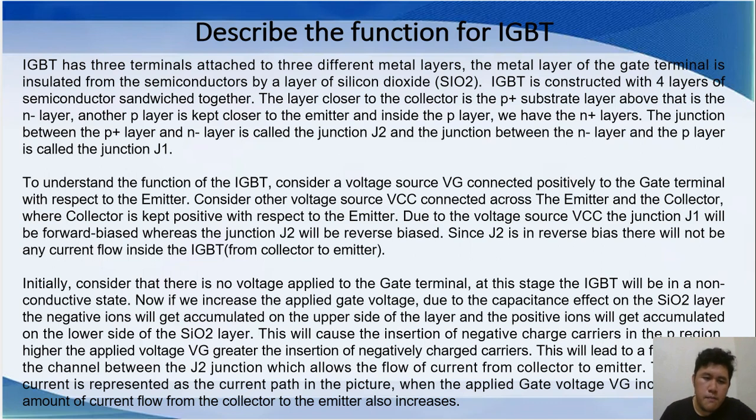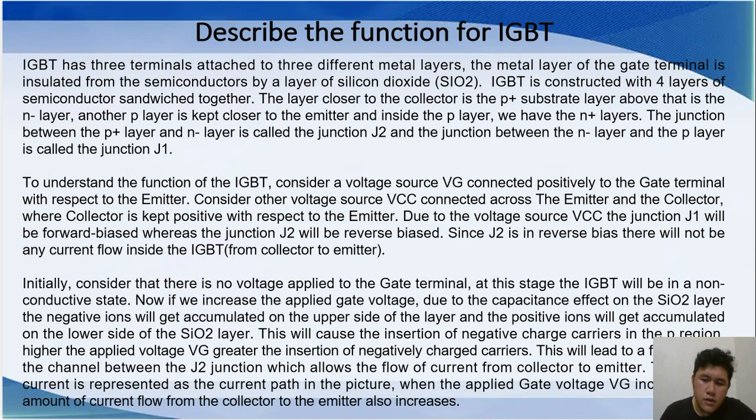The junction between the P plus layer and N negative layer is called the junction J2, and the junction between the N negative layer and the P layer is called the junction J1. To understand the function of the IGBT, consider a voltage source Vg connected positively to the gate terminal with respect to the emitter. Consider another voltage source VCC connected across the emitter and the collector, where the collector is kept positive with respect to the emitter.